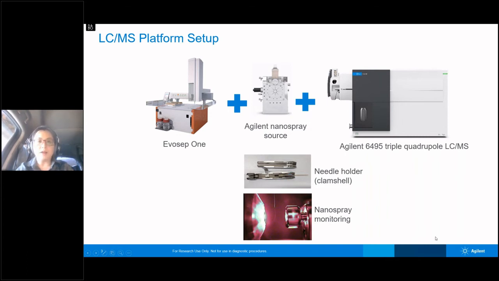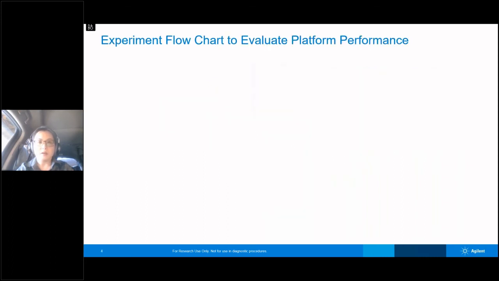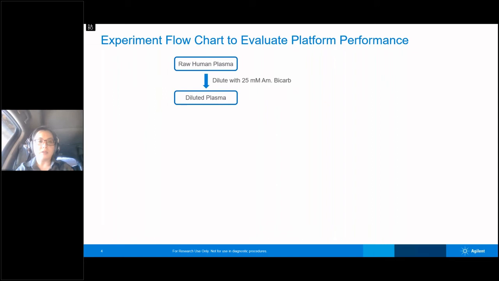We would like to evaluate the robustness, reproducibility, and sensitivity of this platform for targeted proteomics. To do that, we took raw human plasma and first diluted it with ammonium bicarbonate. Then we denatured, reduced, and alkylated the samples, and digested them with trypsin.